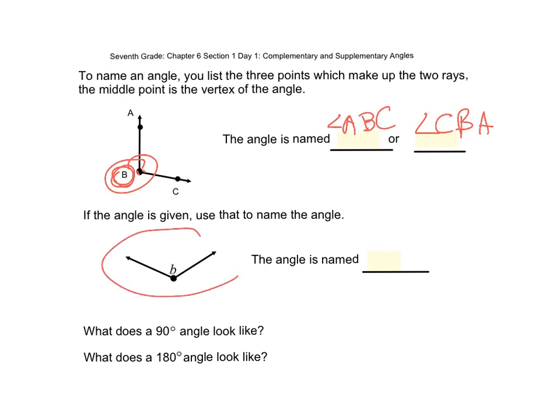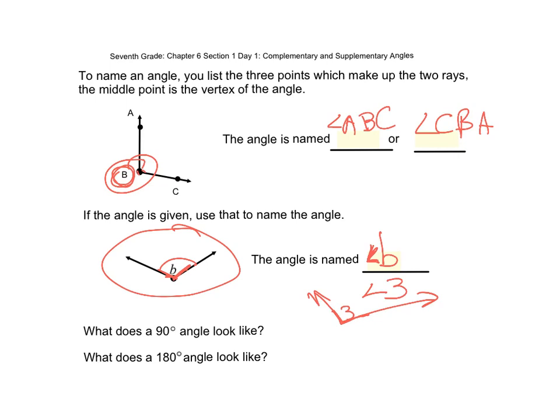This is another way you indicate angles. Inside the angle has a letter, so that would be angle B. Sometimes you're going to see the angles with a number. It's inside, so that would be angle 3. I forgot to put the angle mark there.